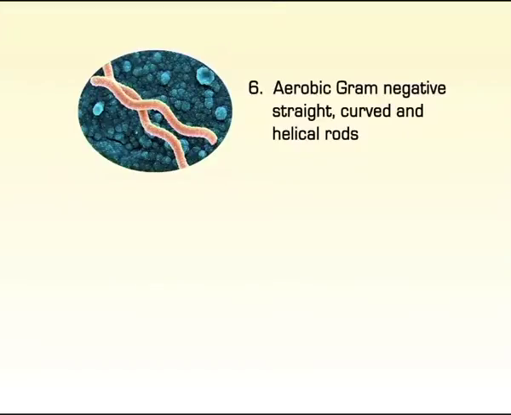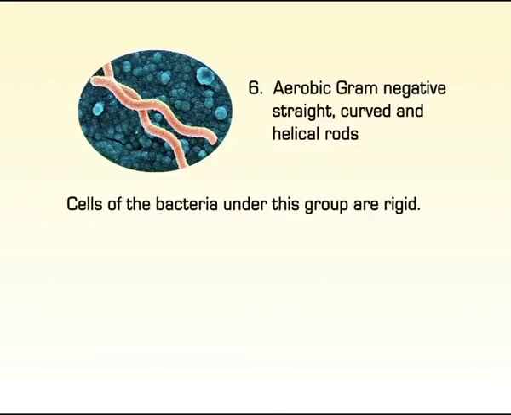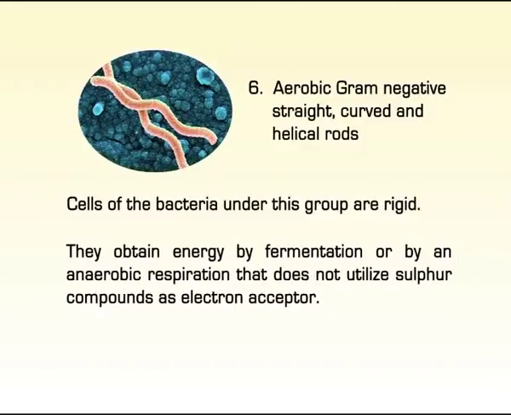Next is the anaerobic gram-negative straight, curved and helical rods. So the cells of the bacteria under this group are rigid. They obtain their energy by fermentation or by anaerobic respiration, that is in the absence of oxygen, and they don't utilize sulfur compounds as the electron acceptor.